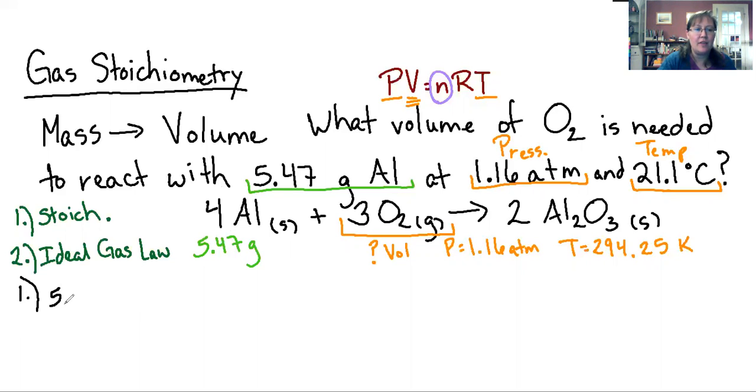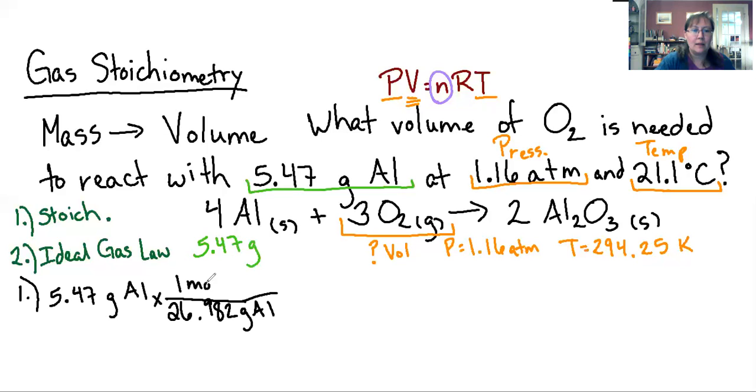So we're going to start with that given, 5.47 grams of aluminum. Okay, and the next step in our stoichiometry is a molar mass. And the molar mass of aluminum, we would get that from the periodic table, and it's 26.982 grams of aluminum per mole.